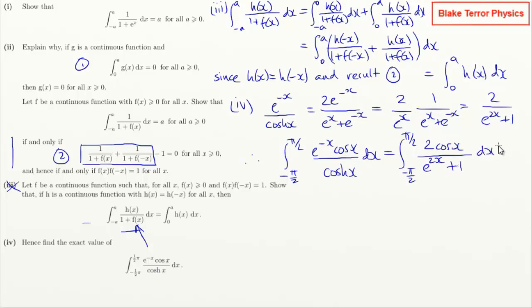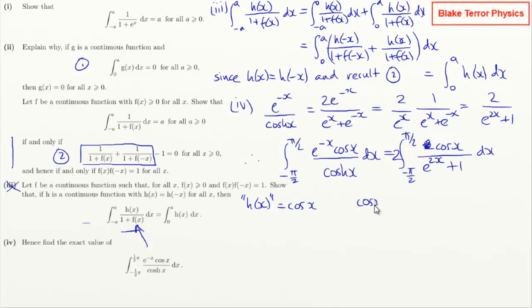Okay, so I need to show that these things meet these criteria. So I've got h of x is going to be cos x. Actually, let's take that 2, put it there, just to make things a little bit clearer. So h of x equals cos x. So I need cos x to be equal to cos of minus x.